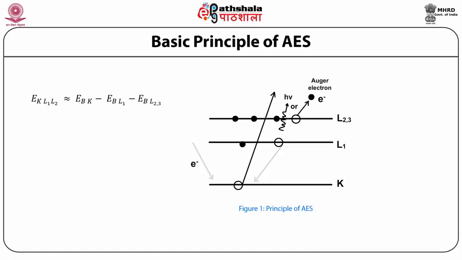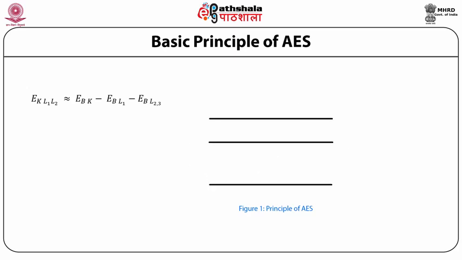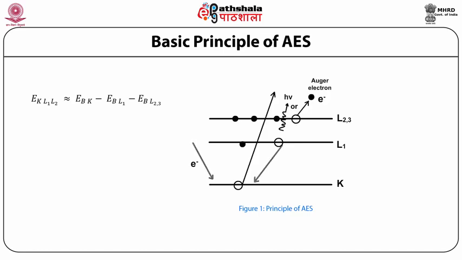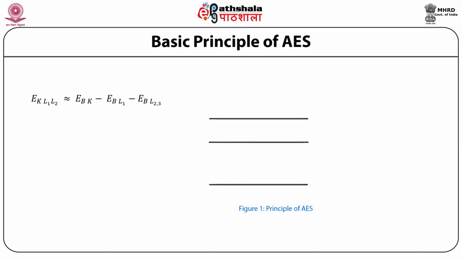The subscript of E_BX indicates the binding energy of electron shell X. For example, E_BK is the binding energy of the K shell. Auger electron spectroscopy identifies the elements by measuring the kinetic energies of the Auger electrons.